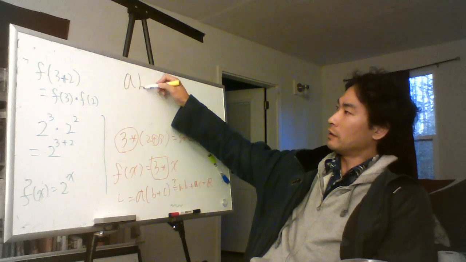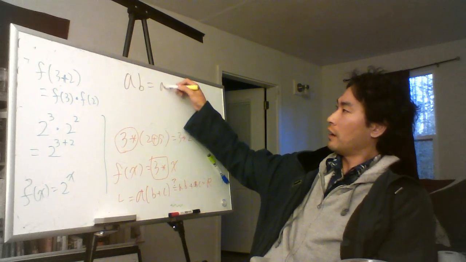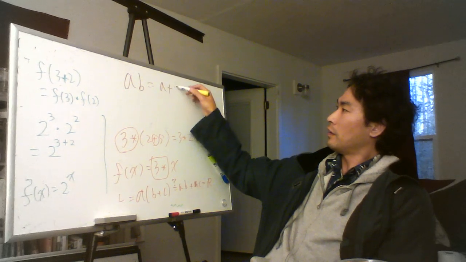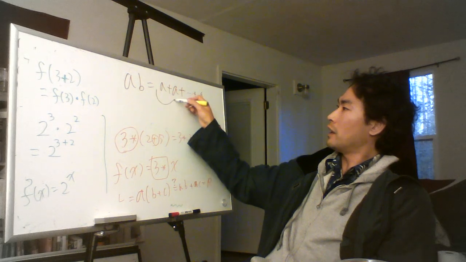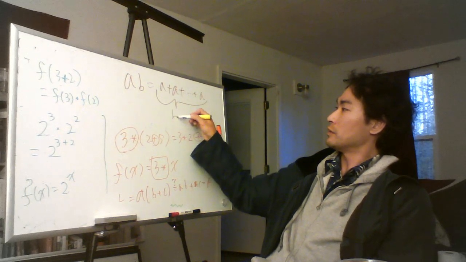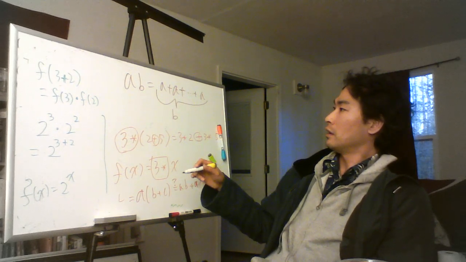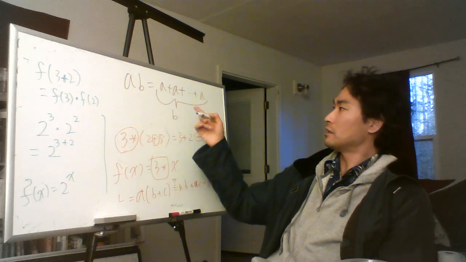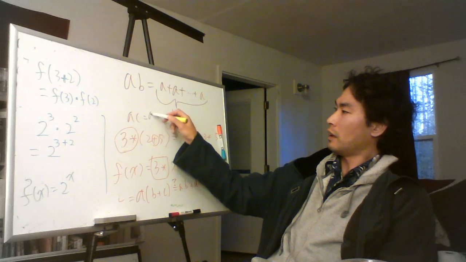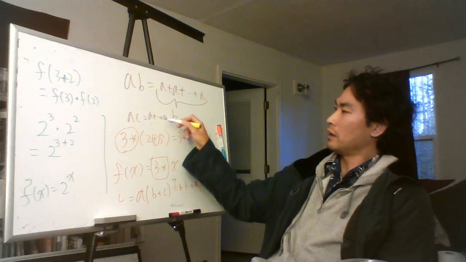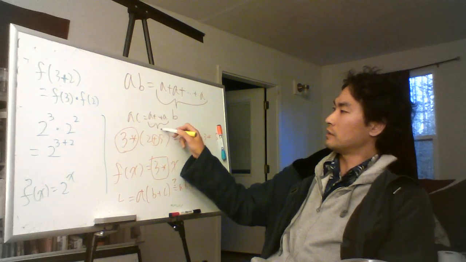A times B is like A plus A plus dot dot dot plus A. How many times? B times, okay? Same way, A times C is like A plus A plus dot dot dot plus A, and you have C times.